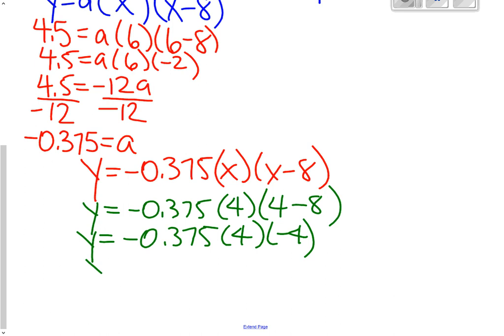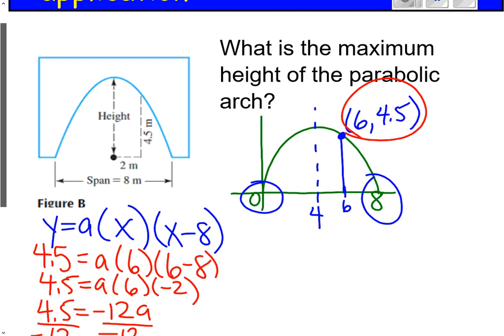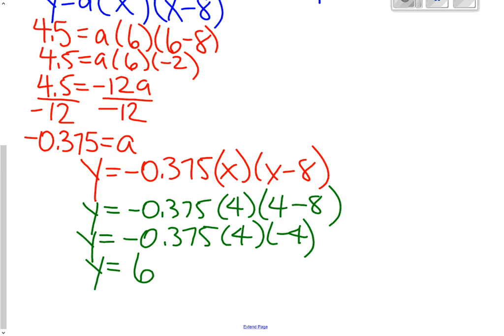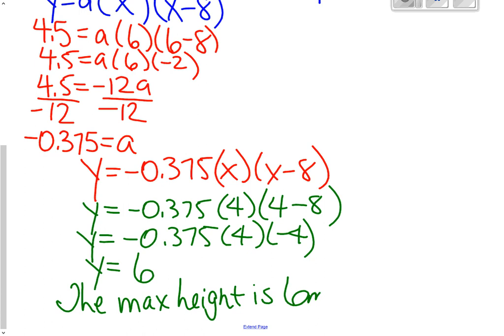All right, and again, I'm going to use my calculator here in order to figure this out. So -0.375 times 4 times -4, and I get 6. So what is the maximum height of the parabolic arch? The max height is 6 meters.